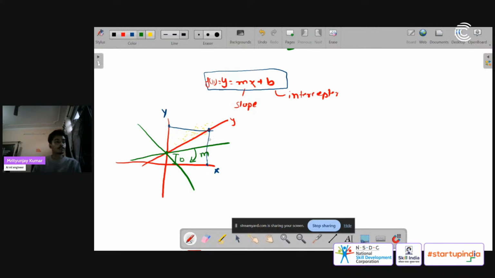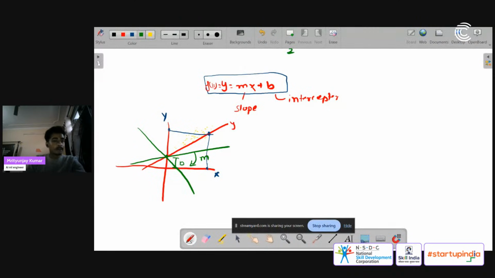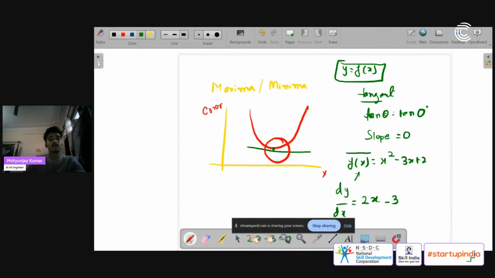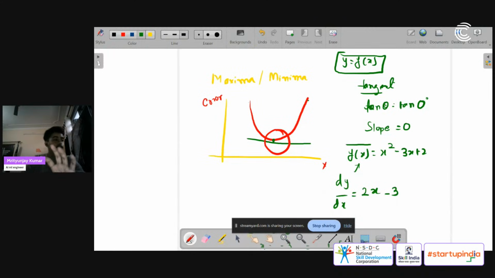Okay, so till now, if anybody has any problem understanding this concept, then please ask me. Currently I have just taught you the line equation, how the line equation works, and maximum and minimum with AI.